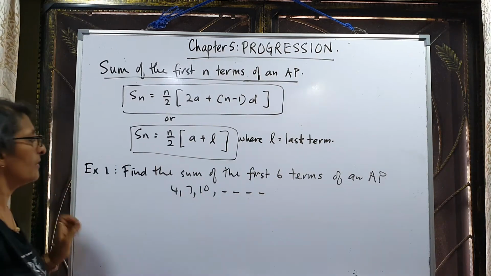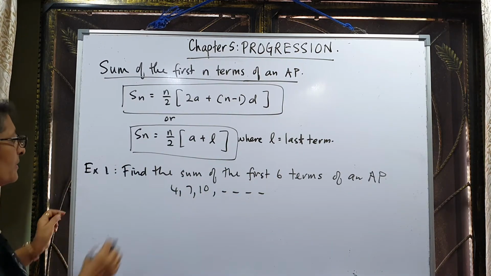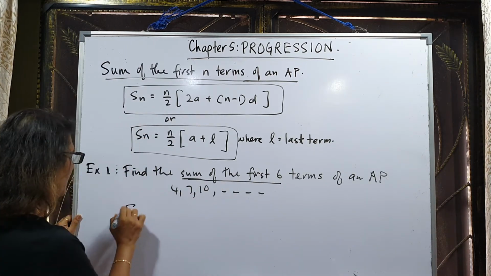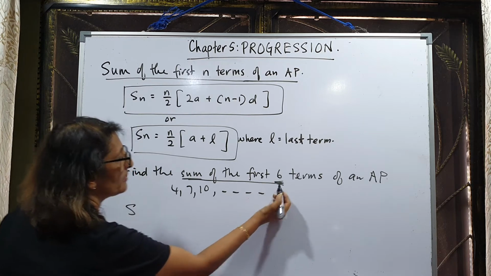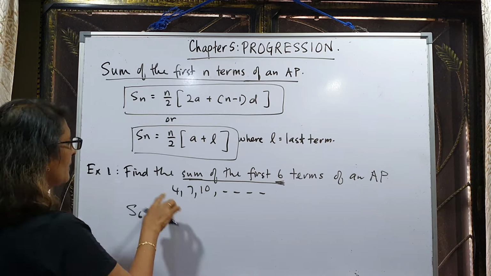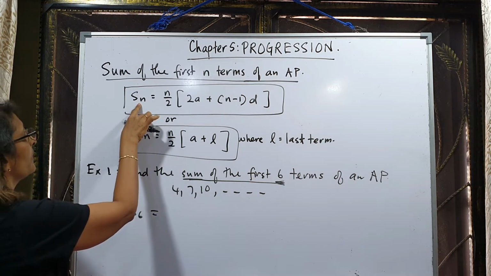Okay, let's say this. Find the sum of the first 6 terms. When you see the word sum, then you know you're looking for S. 6 terms, therefore it's S6. You're looking for S6. So to find the sum of first 6 terms, you use this first formula.